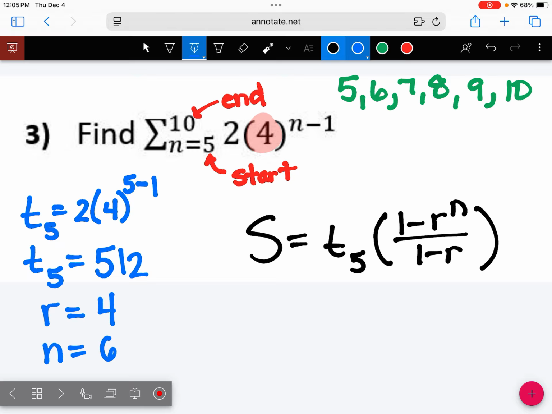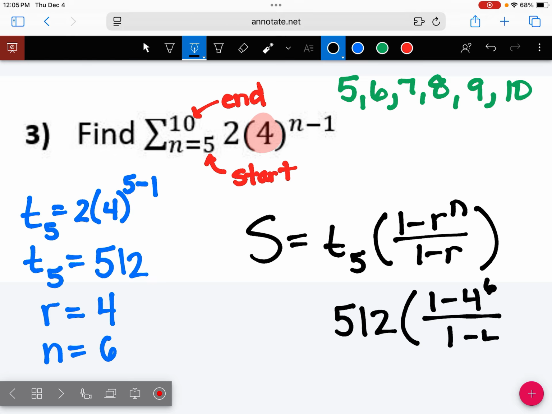Okay, let's find our sum. So we got 512 times 1 minus 4 to the power of 6 all over 1 minus 4.